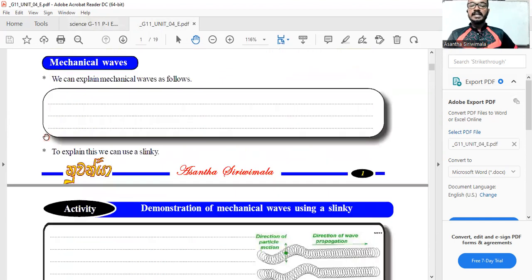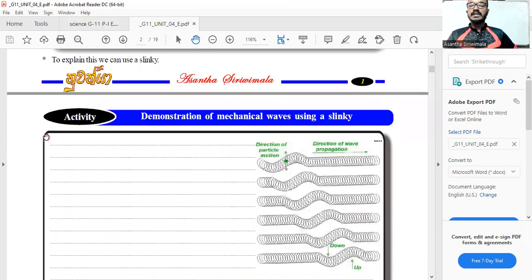To explain this, we can use a slinky. Now, a slinky is kind of a spring-like thing, right? You have seen springs. A slinky is a very flexible spring where you can pull it, stretch it, or press it closer together. It is made out of steel and highly flexible. What you can do is stretch it on a table, tell somebody to hold one end, and move it left and right.